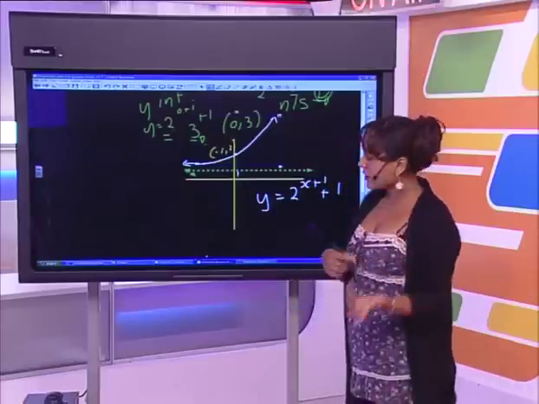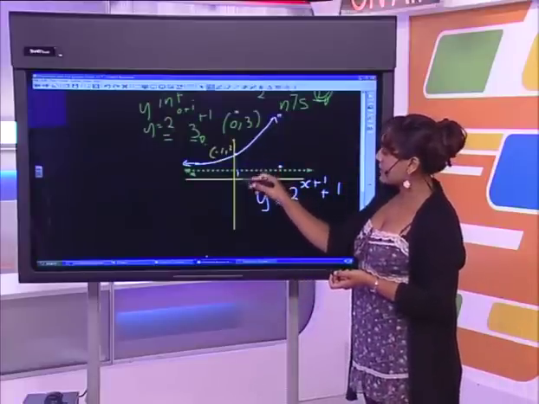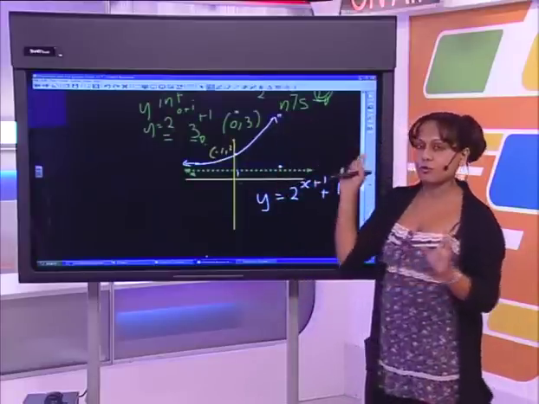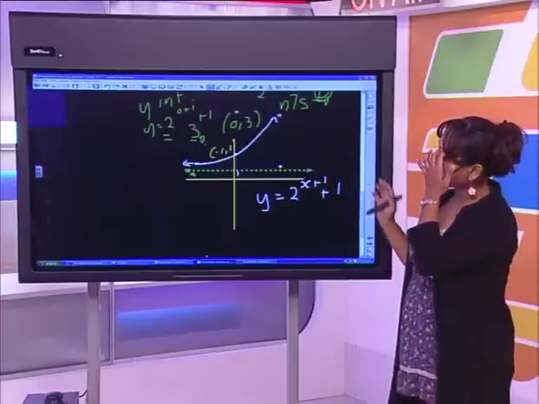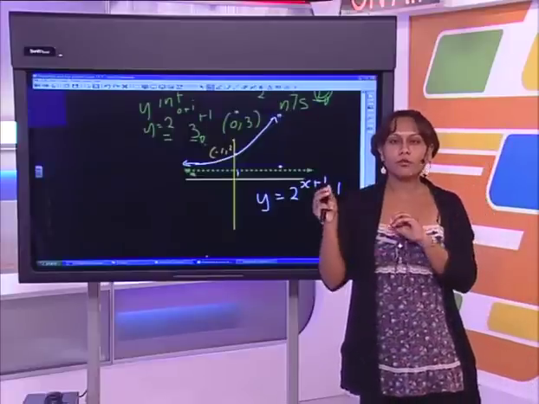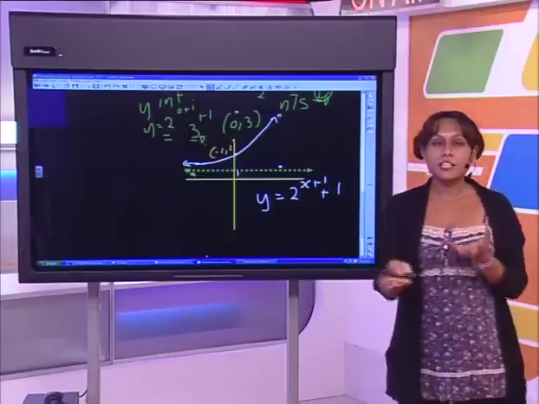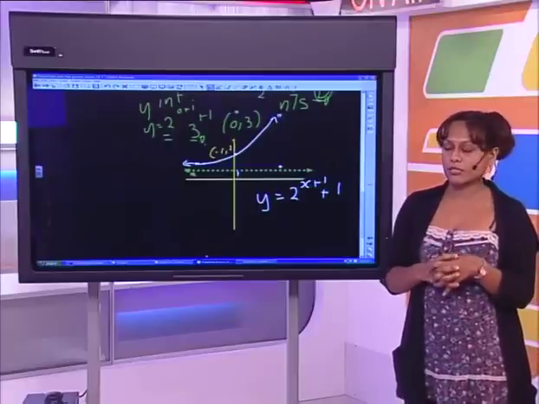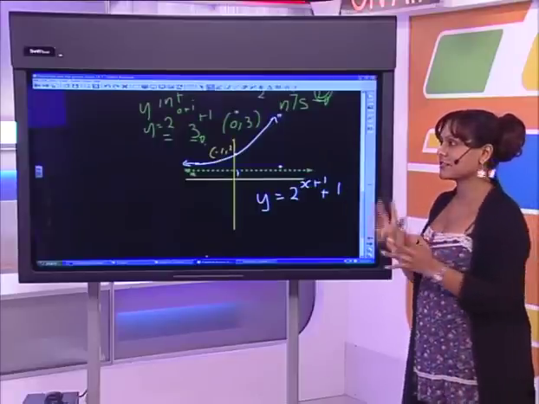That's how it helps you. The point 0, 3 was given, and we could also put in the point 1, 5. So the table really just helps you to plot points and to sketch your graph, especially if they ask you to show another point. It's useful.